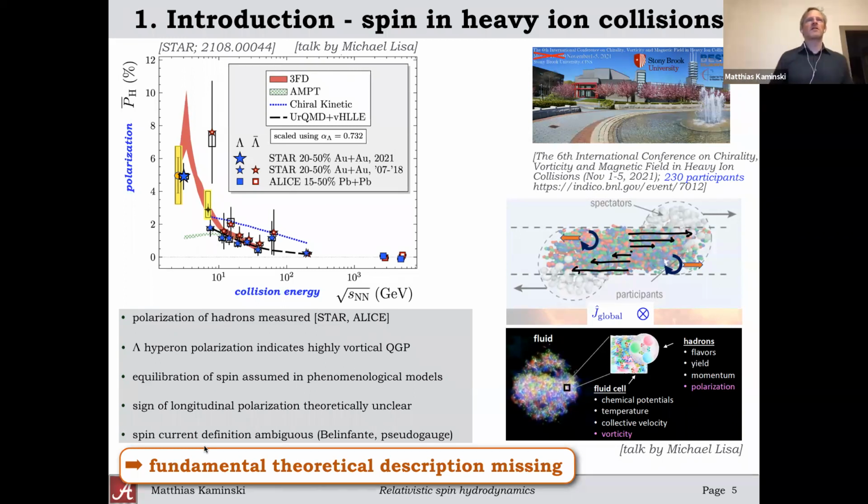So you can imagine this as color glass condensate is often used, as you named it, as an initial state. And it's always this picture, right? So you have a heavy ion collision, you have some fluid, and it has certain properties like a vorticity, which is what we're after here, or a temperature.